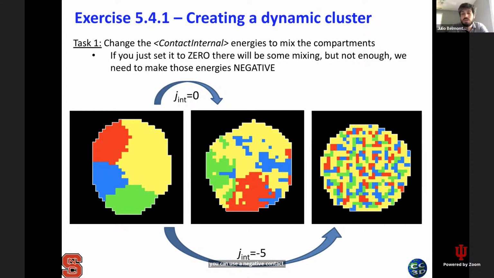When you do that, you also have to turn on the surface constraint plugin to prevent the cell from fragmenting. But the advantage of using negative contact energies is that the cells that stick together preferentially stick together. They're not necessarily exchanging pixel copies as often.